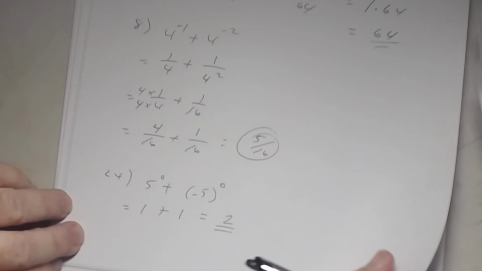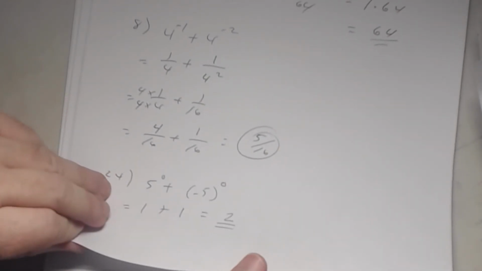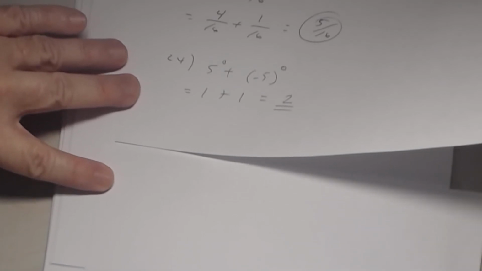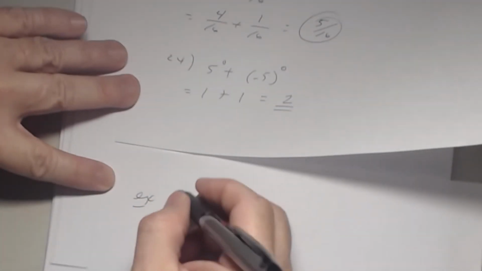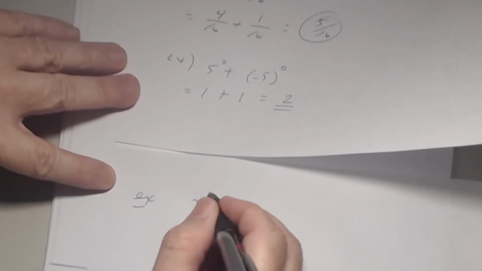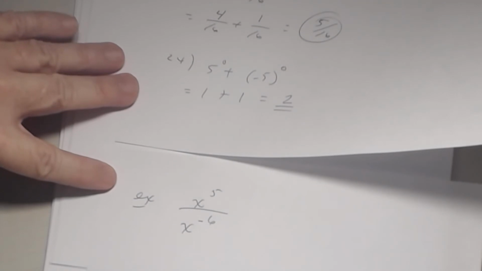Okay. All right, and one more. Let's write this example. Suppose you had x to the 5th divided by x to the negative 6.